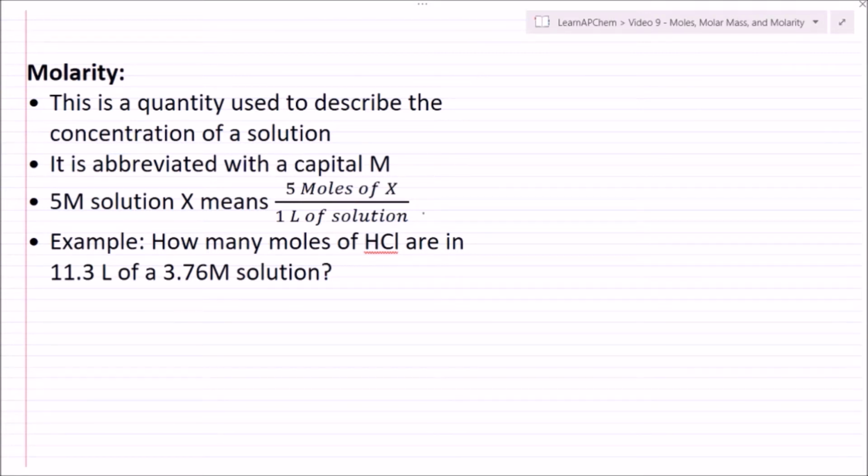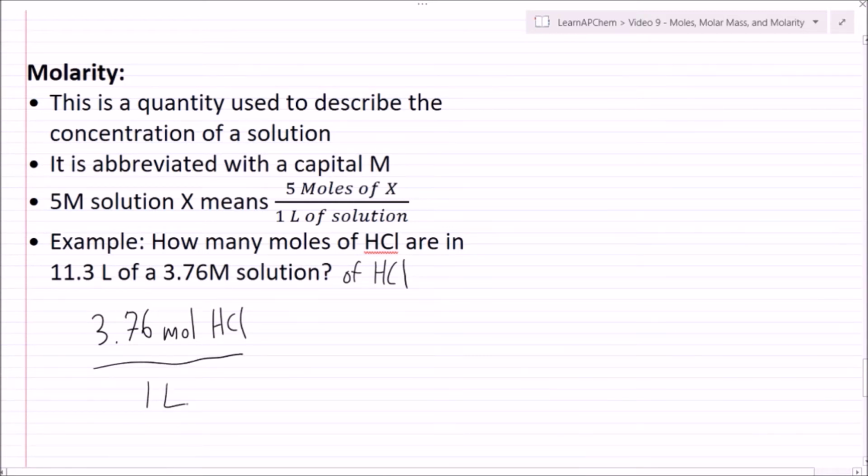Now let's look at how we would use this. How many moles of HCl are in 11.3 liters of a 3.76 M solution of HCl? We would start by saying that we have 3.76 moles of HCl per 1 liter. This is all molarity is, as I described up here.